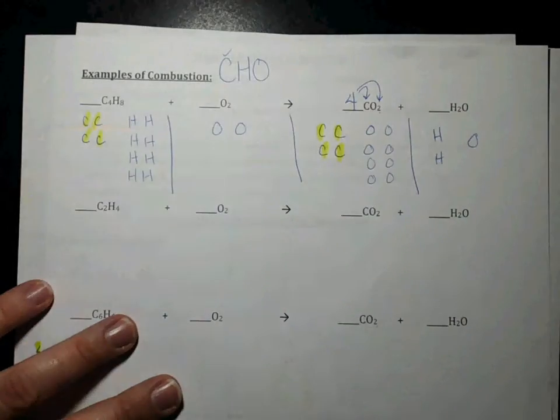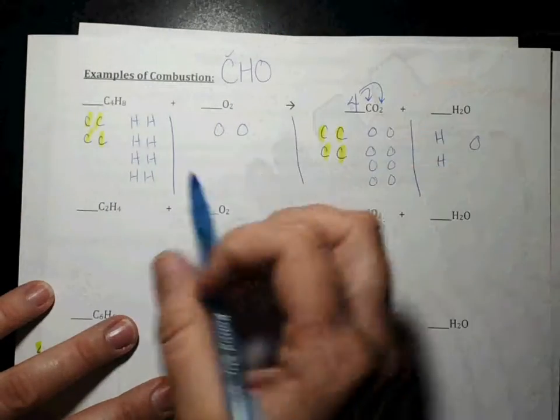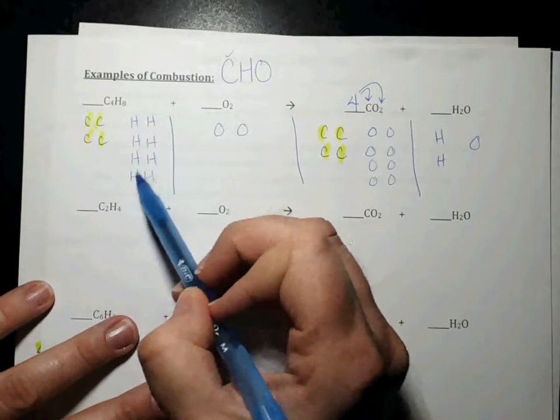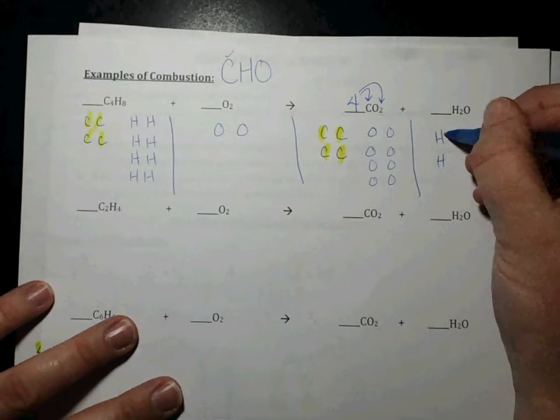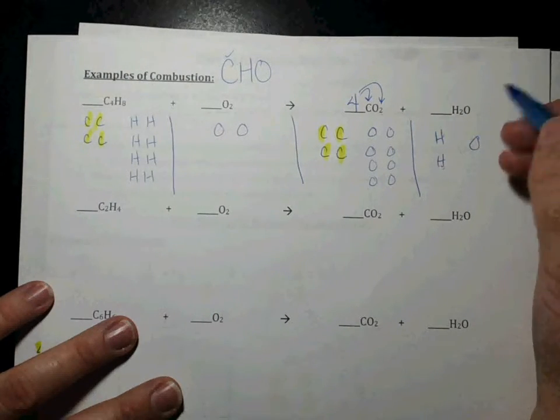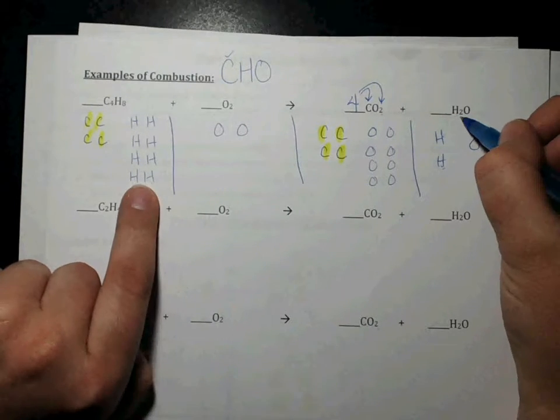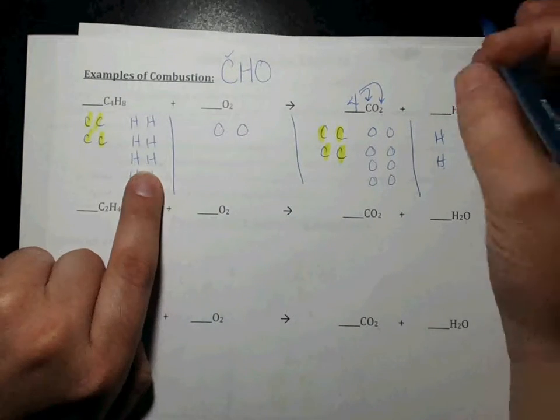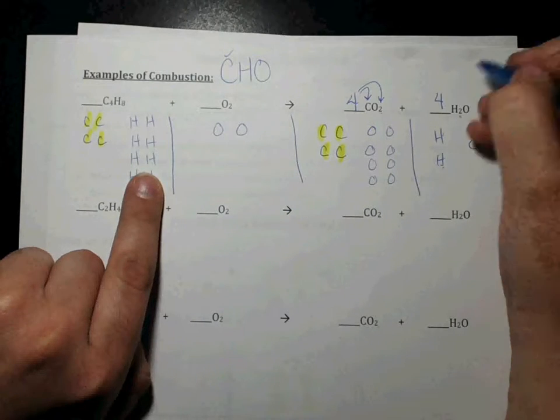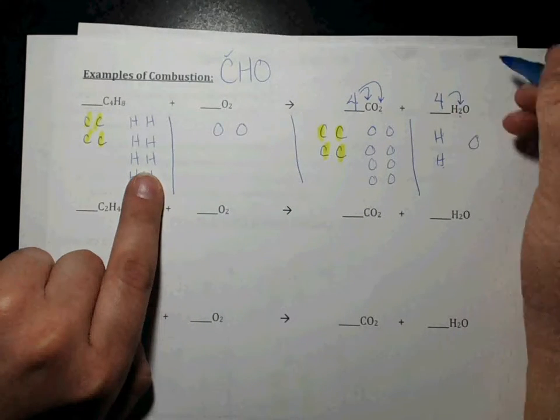We did the carbon. Next in CHO order is H. So I count 1, 2, 3, 4, 5, 6, 7, 8 on this side, and only 2 on this side. So I need something times this 2 to get it to equal the 8 over here. So what times 2 will equal 8? It's going to be a 4. That 4 is going to distribute. 4 times 2 gets me 8.